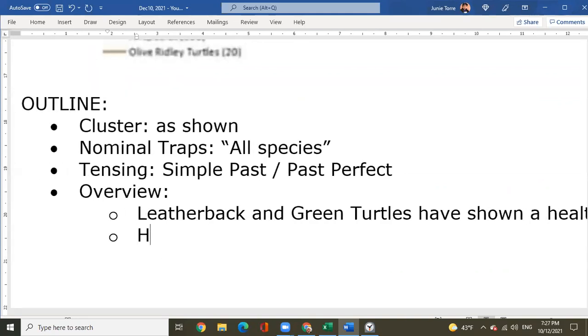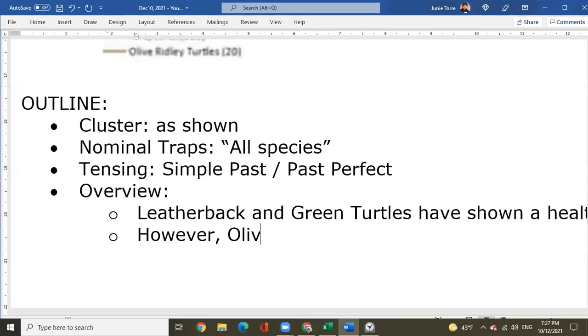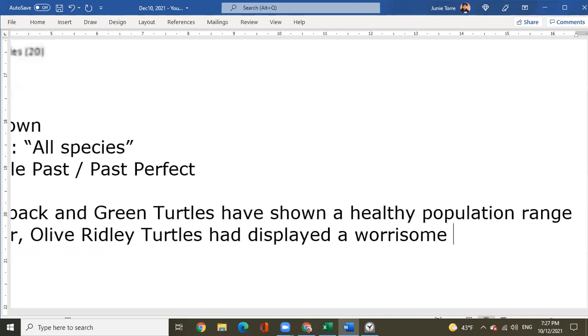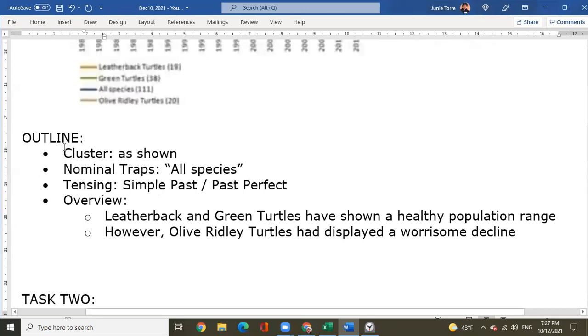However, olive ridley turtles had displayed a worrisome decline. All right, that's it. Those are the four attributes: cluster, nominal traps, tensing, and overview. That's how I do it, guys.